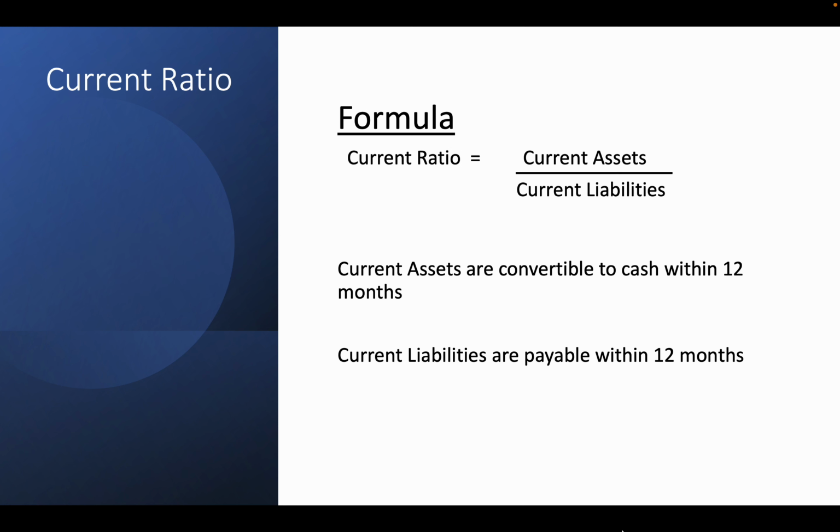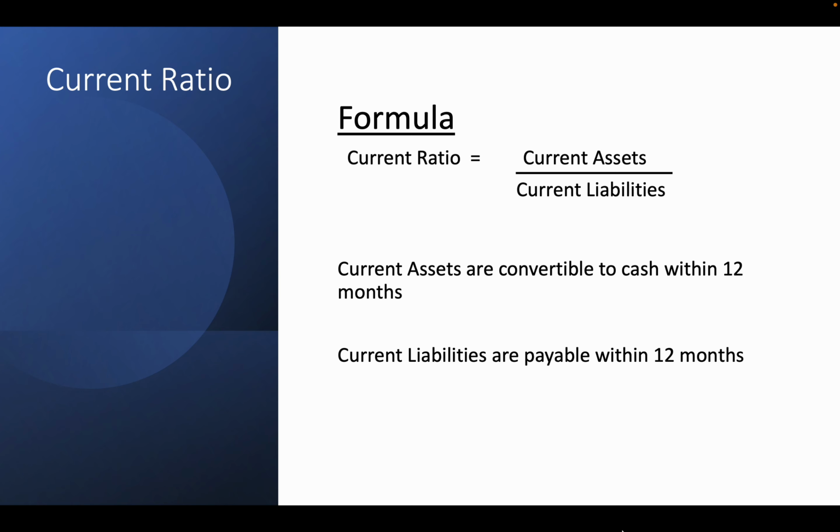The current ratio is one of the liquidity ratios, and it's computed using a very simple formula: current assets divided by current liabilities. So what are current assets? They are assets at your disposal which you can convert into cash, which is liquid, within a period of 12 months.